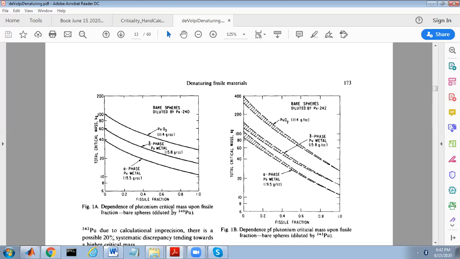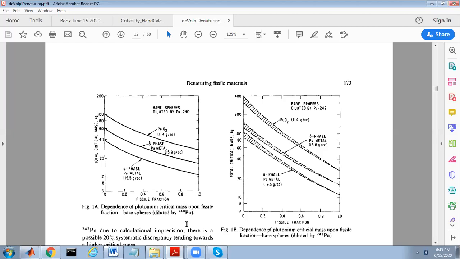And when it's diluted by this bad stuff, plutonium-240, which gets produced by capture in 239, and this is usually a nightmare for engineers because it's a spontaneous emitter and it causes all sorts of problems.